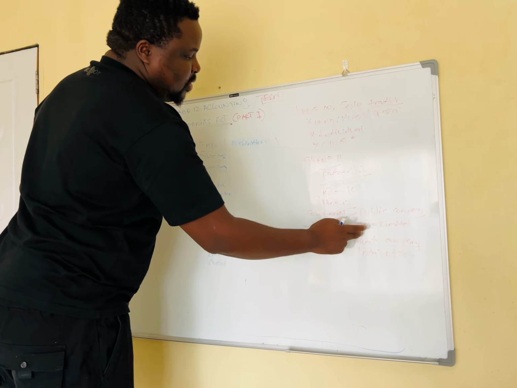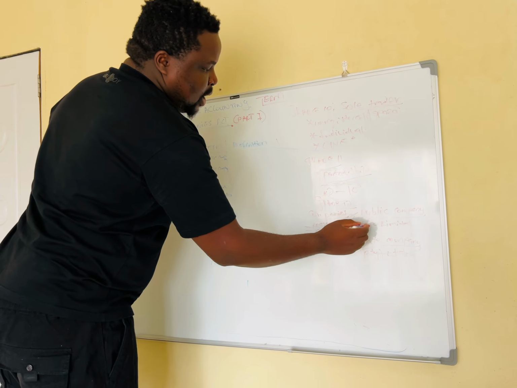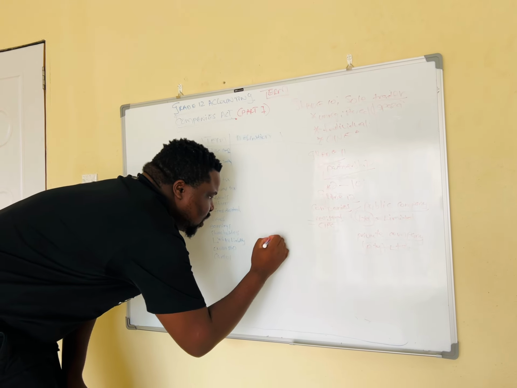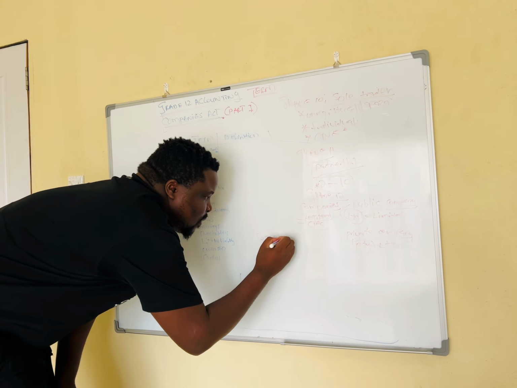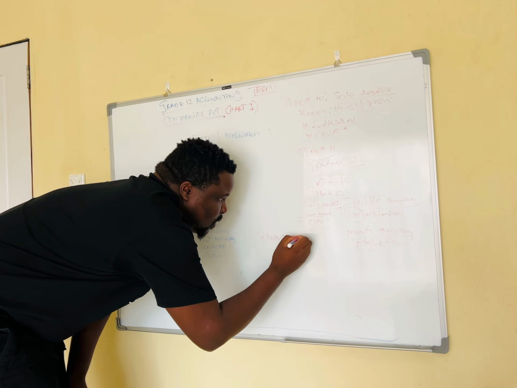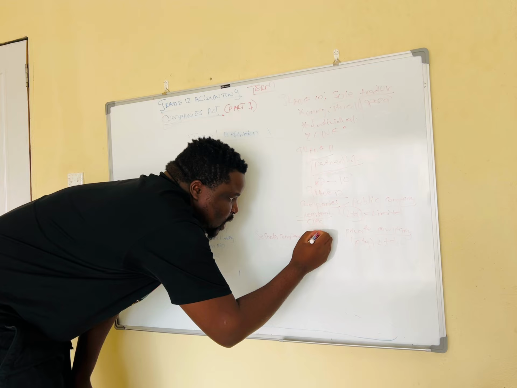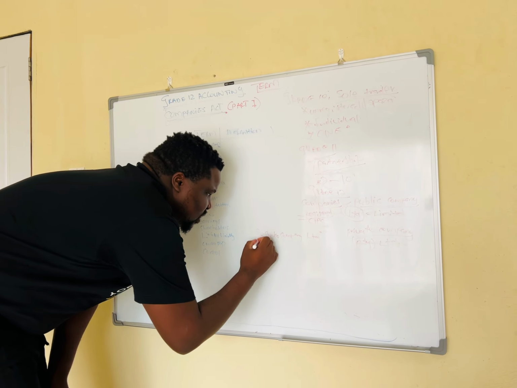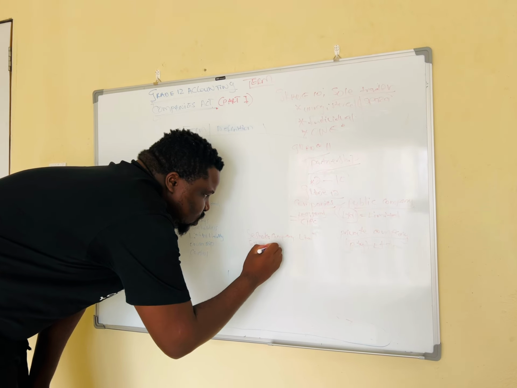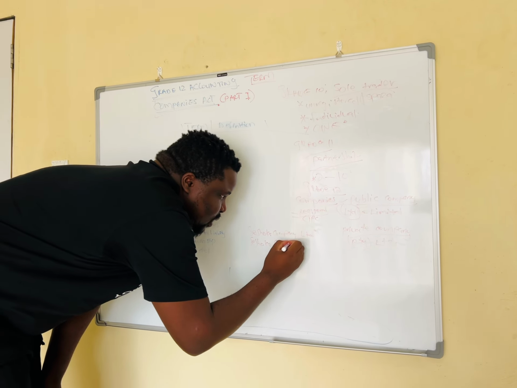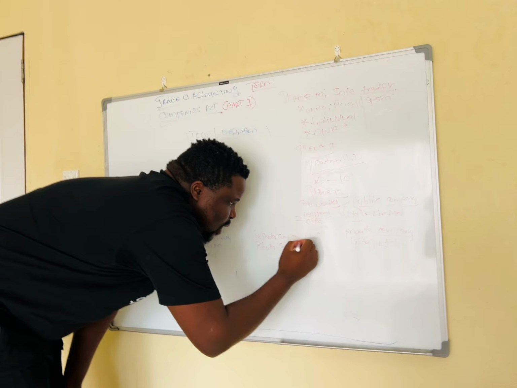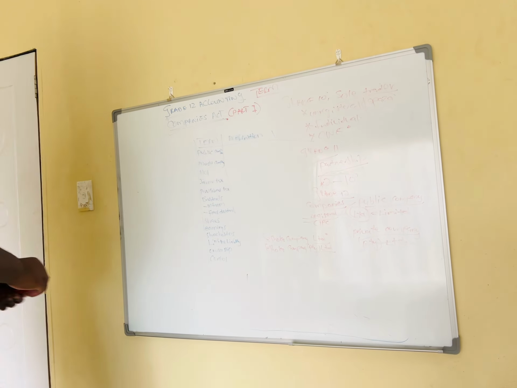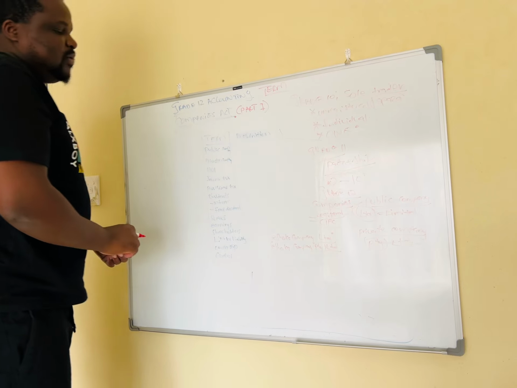When you have a public company, you will write your name like this. Maybe I'll use my surname. I'll say Sishoka Company Ltd. Then you know this is a public company. If it's a private company, I'll say Sishoka Company Pty Ltd. So this shows you that this is a private company.